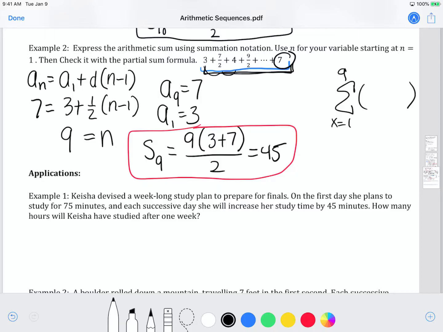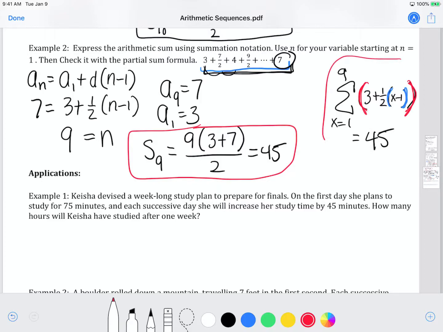So since my first term is 3 and my common difference is a half, I would put in 3 plus a half times x minus 1, keeping in mind that I have the parentheses that go around the entire sequence, and then I have the parentheses that go around the x minus 1. So be careful about the way that you put your parentheses in so that you get the right answer. When you do that, you should get 45 as well.